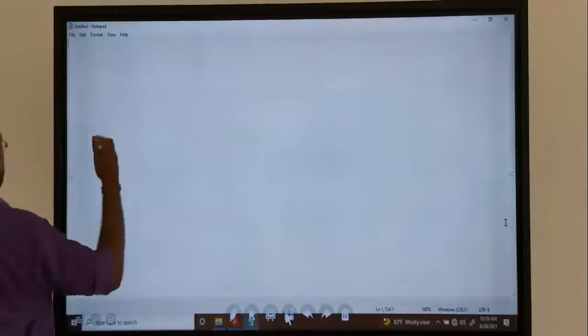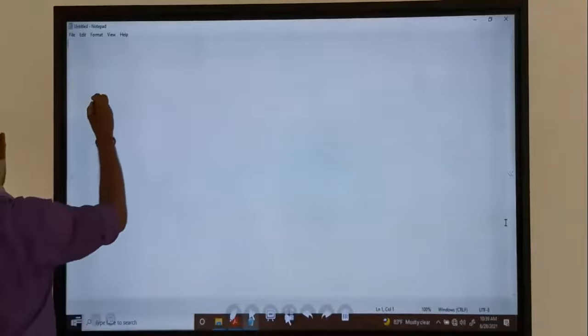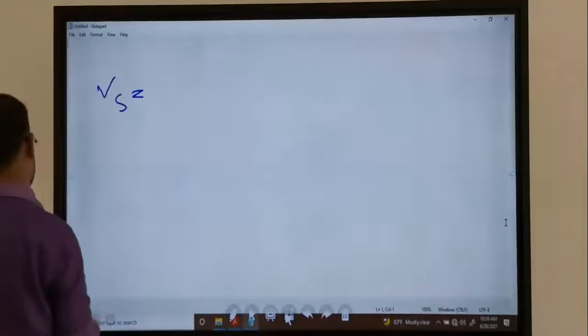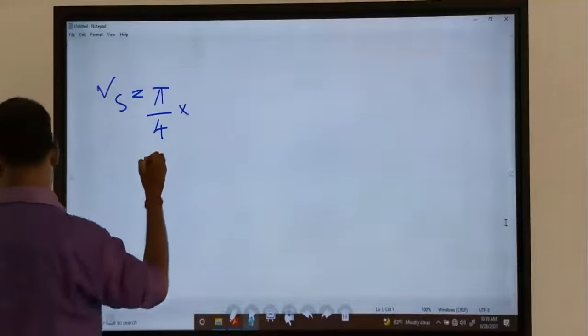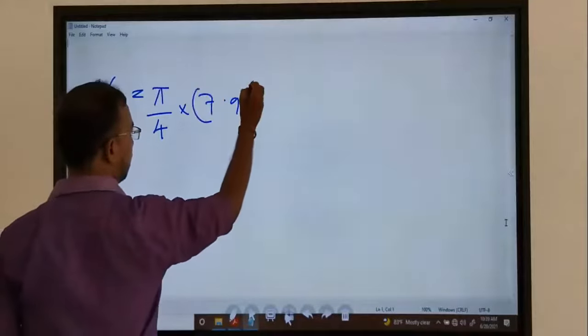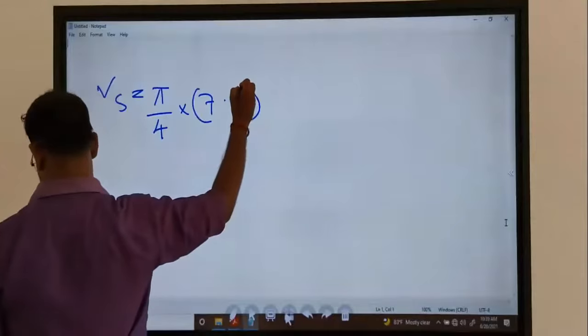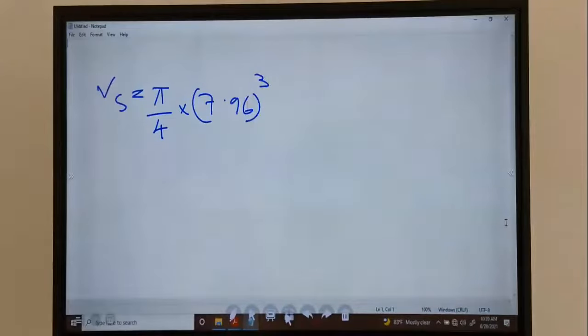So first, okay. And the second part. Stroke volume we find is π/4 into 7.96 into square. Here we can use it straightly. Why?